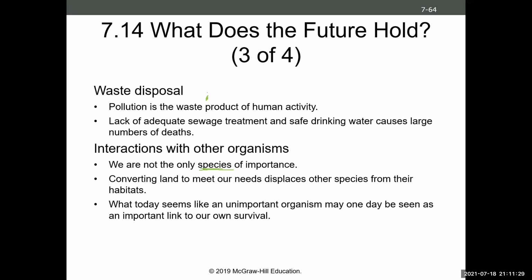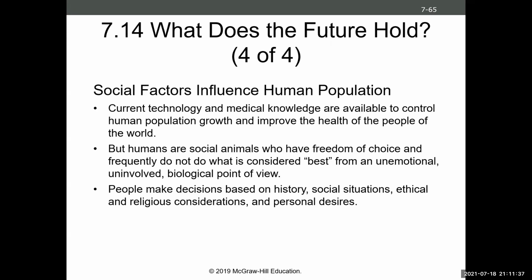And so we should think about the natural environment in terms of our own well-being, because we need to have this holistic ecosystem approach. And so current technology, medical knowledge, right? We're controlling human population growth. We're controlling birth rates and death rates, lowering death rates. Even if we keep birth rates stable and lower the mortality rate, that still leads to a population increase, right?